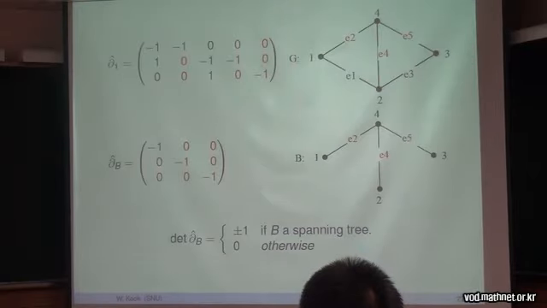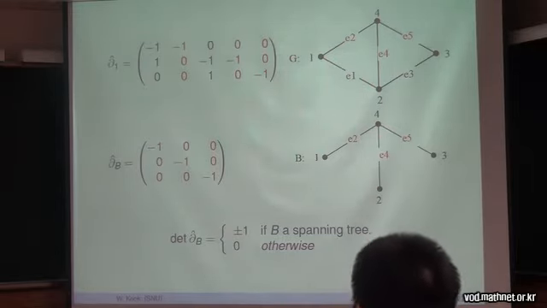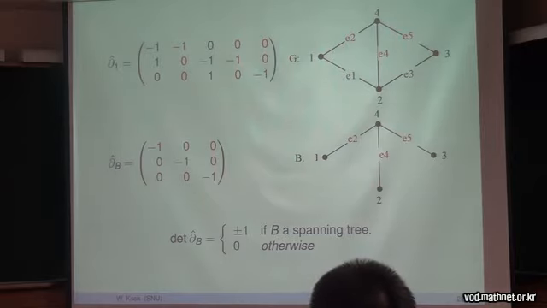So remember that we looked at this picture before. This is how we reduce the incidence matrix and look at the corresponding columns for the spanning trees, and then this turns out to be non-singular, and in particular the determinant is plus or minus 1.